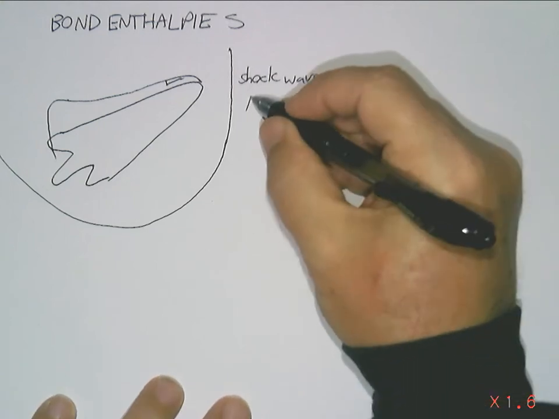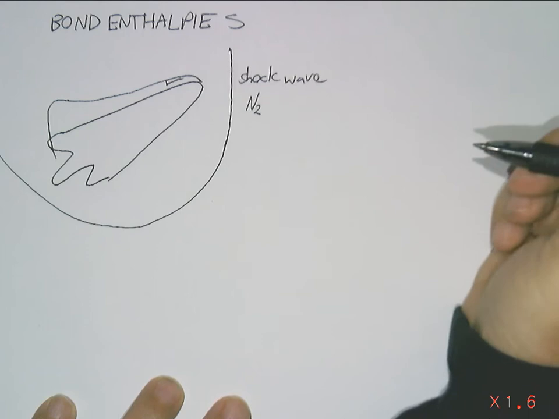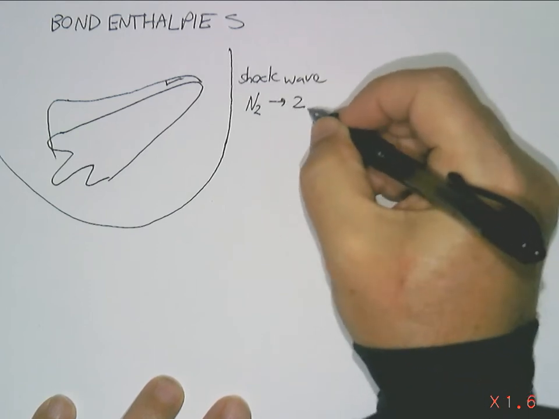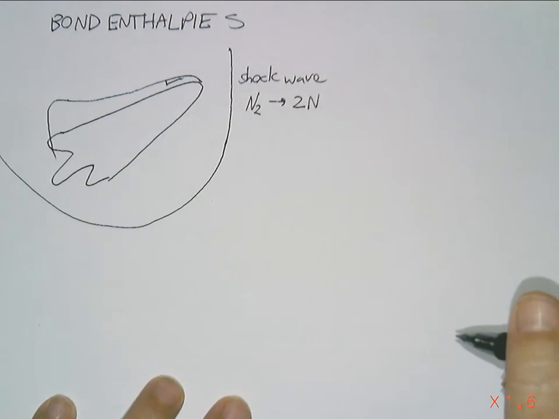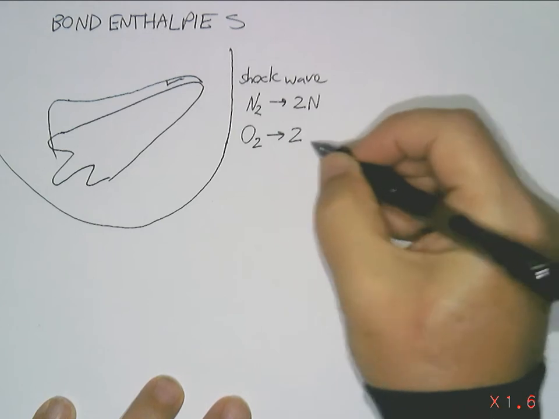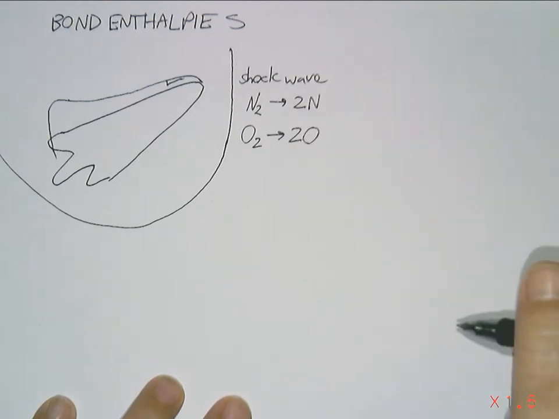In particular, what happens in the shock wave is that N2 molecules that are in air turn into separated nitrogen atoms. O2 molecules turn into separated oxygen atoms.